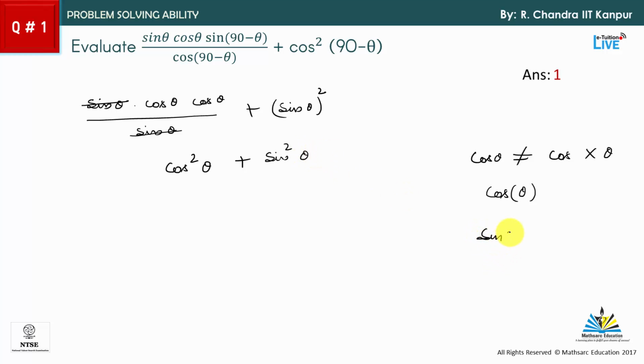Sine theta square is equal to sine theta into sine theta, and this is not equal to sine square theta square, but it is equal to sine square theta. This is the symbolic representation, and it is saying that sine theta into sine theta. What is it? Cos square theta plus sine square theta. Recently we have seen this is the identity, and hence it is equal to 1.